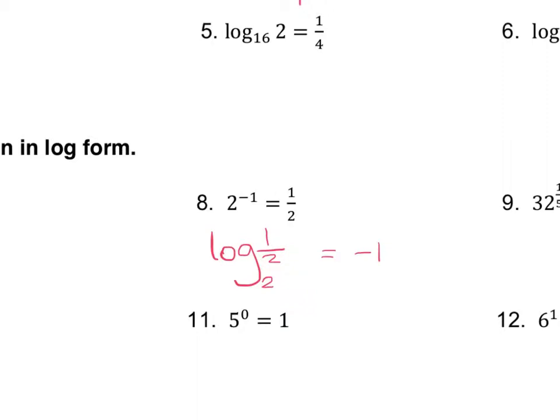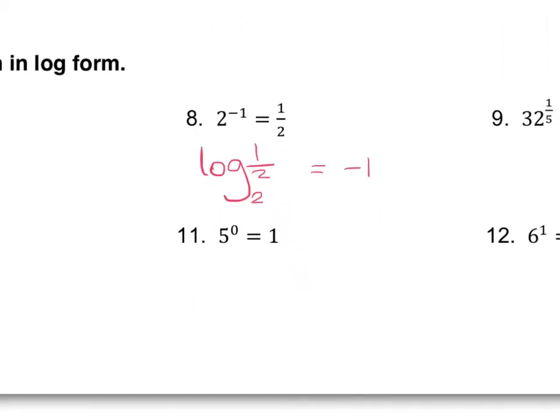Now, let's move on. So 5 to the power 0 is equal to 1. Again, you would write it as log is equal to the exponent, and the base goes here small, and you would put 1 over here. So I think this will always be 0 every time the answer inside is 1.